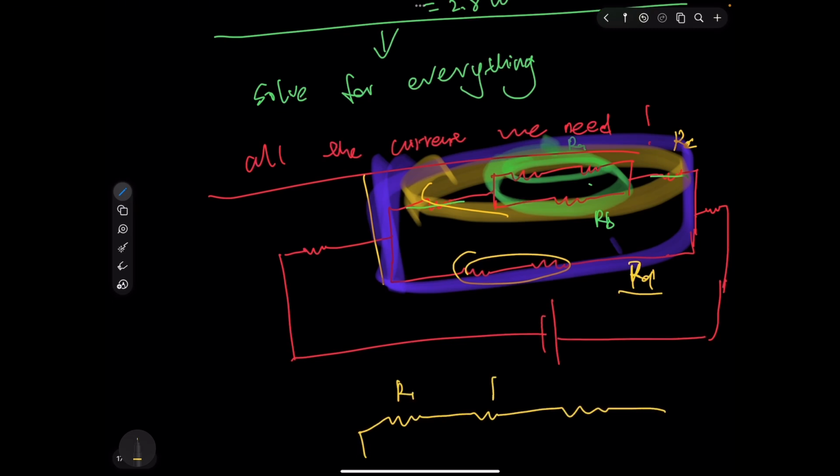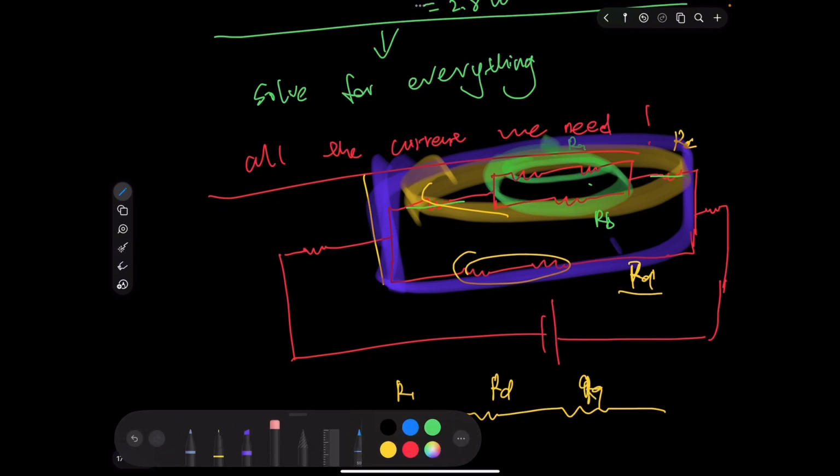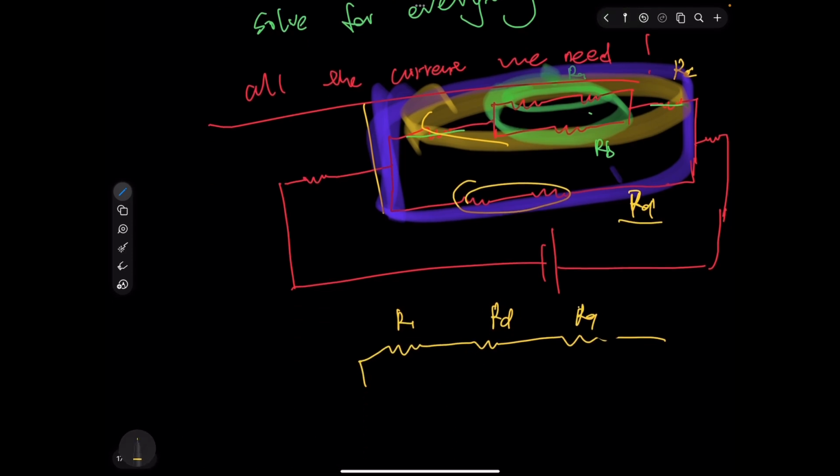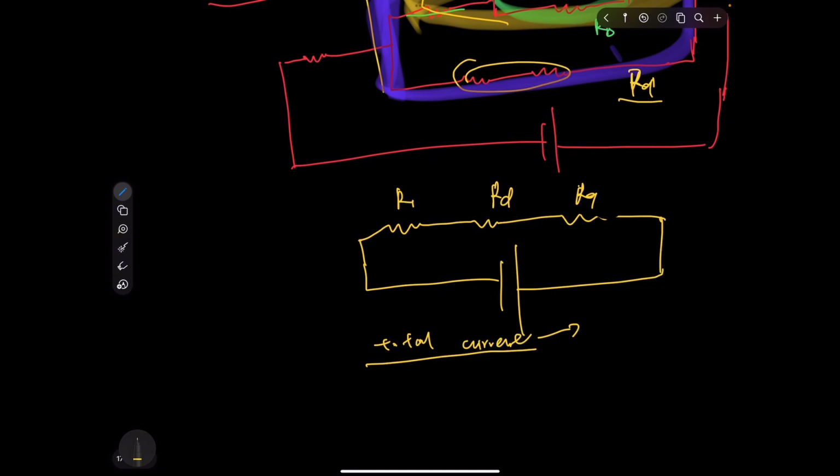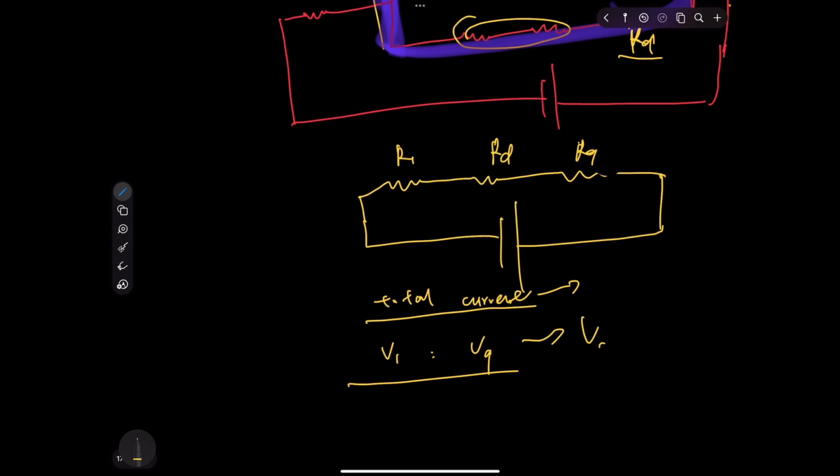This is our R1, RD, and R9. Then we can get the total current. After we get the total current, we can get the voltage drop for V1 and V9. Then we can get the voltage for VD.